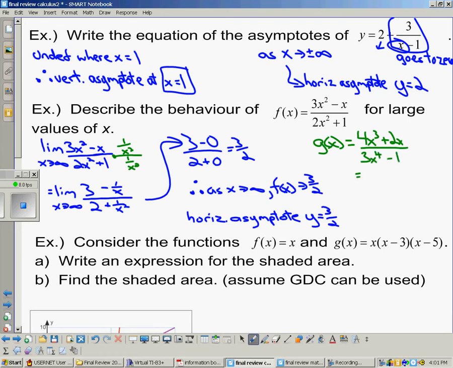I'd just take a look at what's going on with my 4x cubed and my 3x to the fourth. Really that's going to give me 4 over 3x. And as x goes to infinity there, I'd end up with a horizontal asymptote at 0. So there are these little tricks that you can use. If that doesn't sit well with you, by all means, go the more formal route and do this.